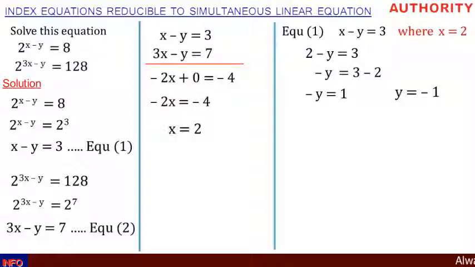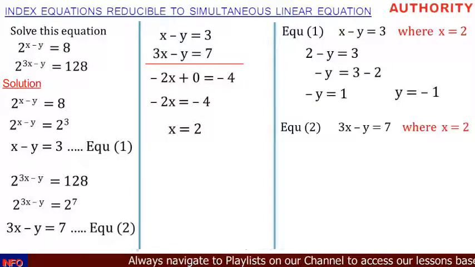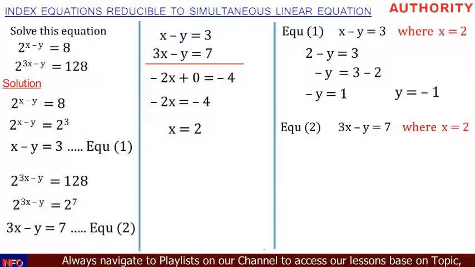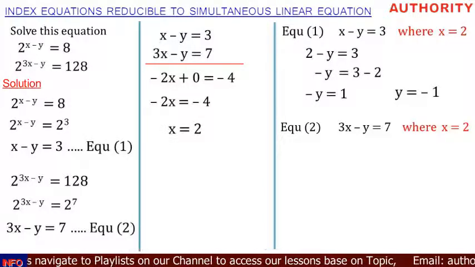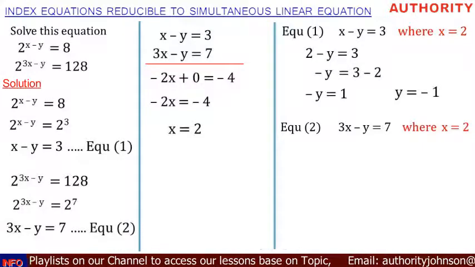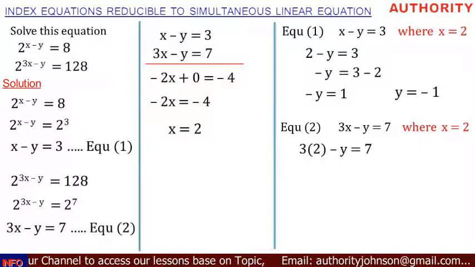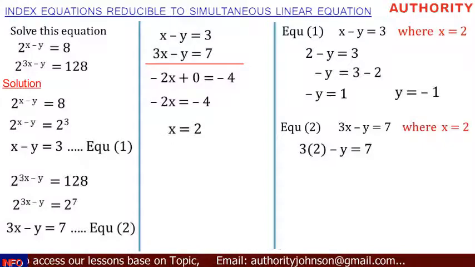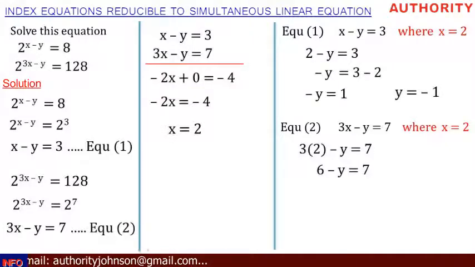If you also want to use the second equation to find the value of y, you can do that. Our second equation says 3x minus y is equal to 7, and x is equal to 2. So we have 3 open bracket 2 minus y is equal to 7. 3 times 2 gives us 6, so 6 minus y is equal to 7.